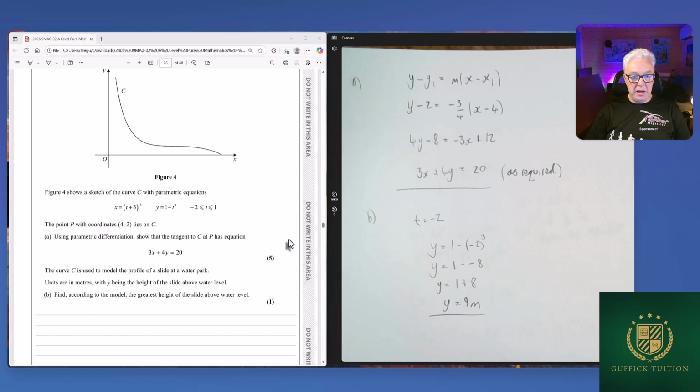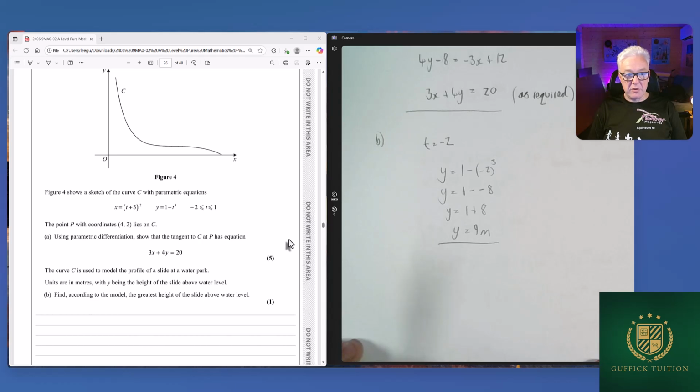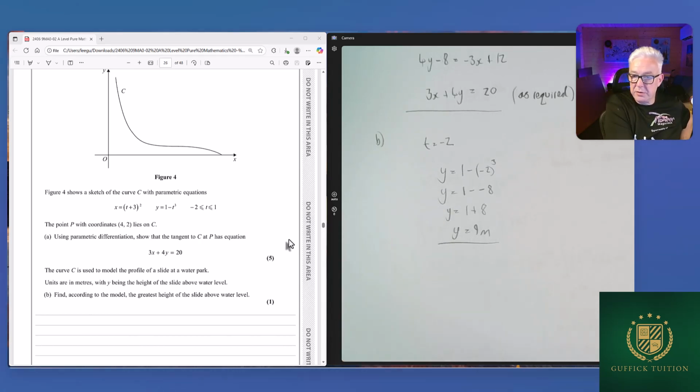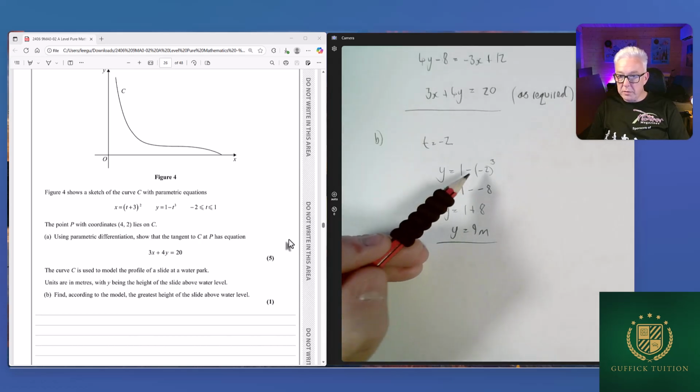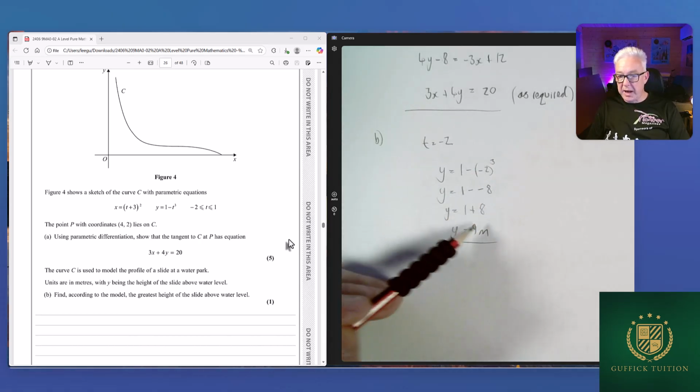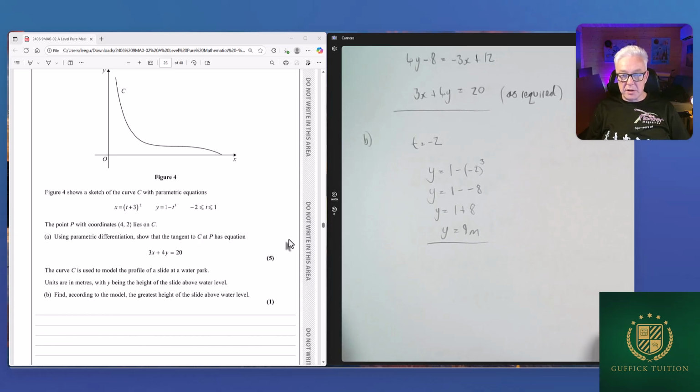So in order to find the height, we just need to sub in t = −2. t = −2 is going to give us the greatest value of y. So subbing in t = −2 gives us 1 − (−2)³, so 1 − (−8), so 1 + 8, so 9 meters is the greatest height of the water slide above the water level.